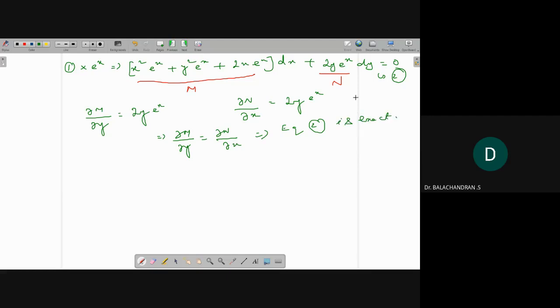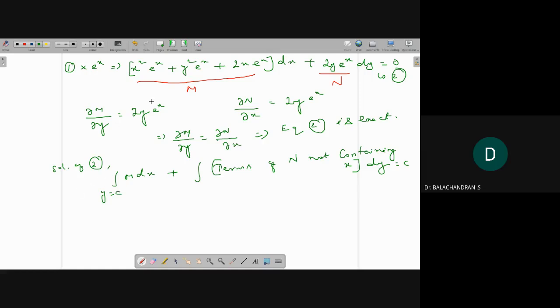We need to find the solution of equation 2. The solution of equation 2 is integral M dx, treating y as constant, plus the integral of the terms of M not containing x, dy, equal to c.